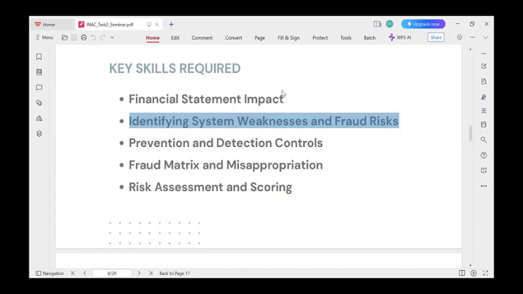So in financial statement impact, we talked about how fraud can impact the financial statements. Primarily, it can impact by overstating the sales, understating the expenses, or overstating the expenses, or it can misrepresent the assets or liabilities of the company, okay?